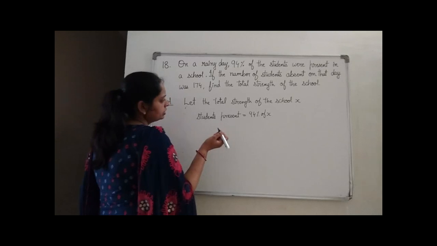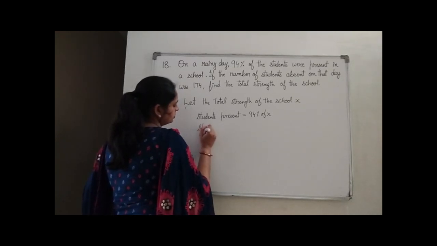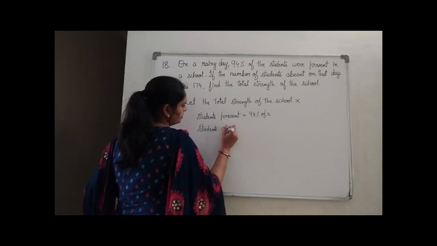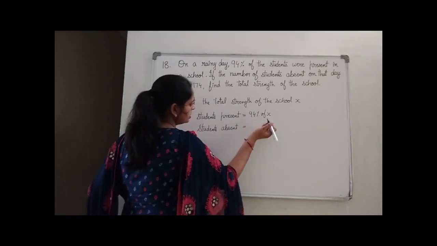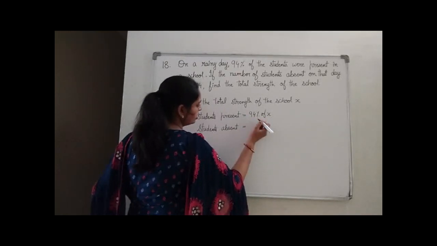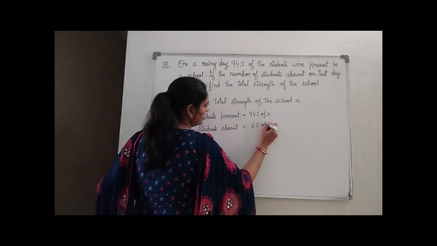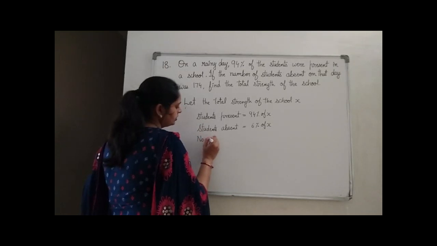If 94% of the students are present, so students who are absent will be equal to how much? 94% are present, so of course 100 minus 94 will go for 6. So 6% of x will be absent.